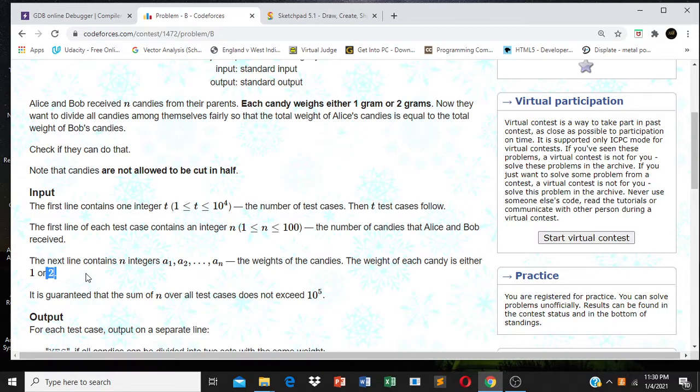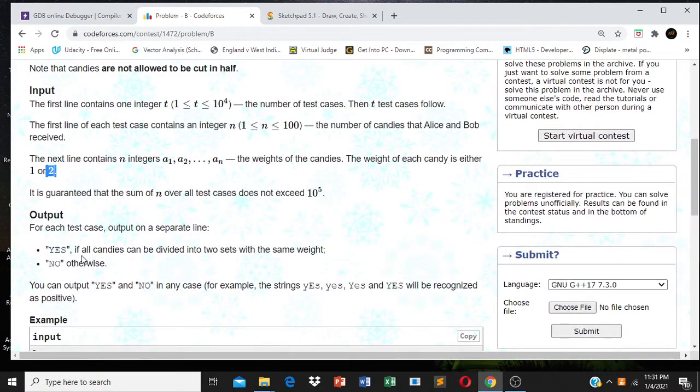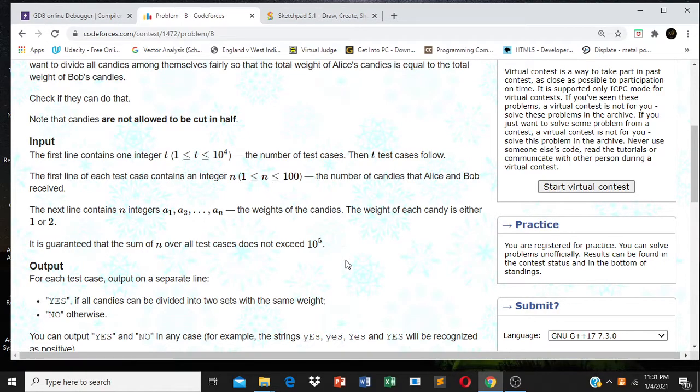The input is the number of candies that Alice and Bob received, and we have to say if all the candies can be divided into two sets with the same weight. So we just need to do that. Somehow we have to make two equal weights using all the candies, which means all the values of the array.